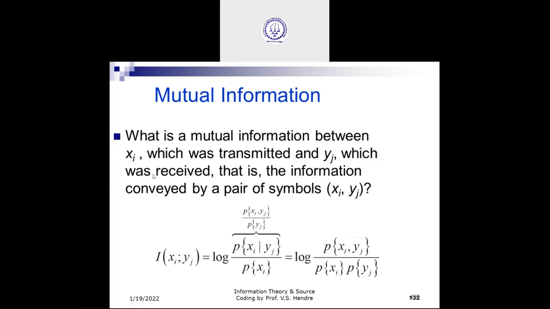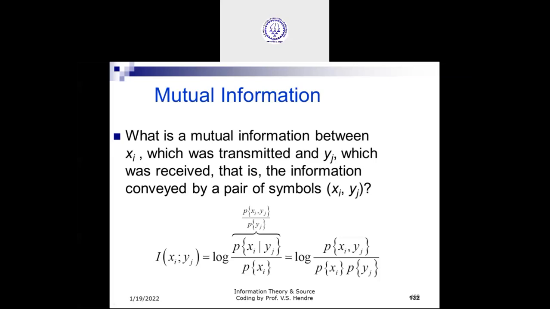Like I have xi, which is the transmitted symbol, and yj, which is the received symbol. Then the information conveyed by the pair of symbols xi comma yj is nothing but the mutual information. How much information is exchanged mutually between the transmitter and receiver is called the mutual information.